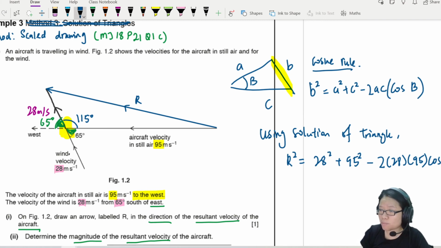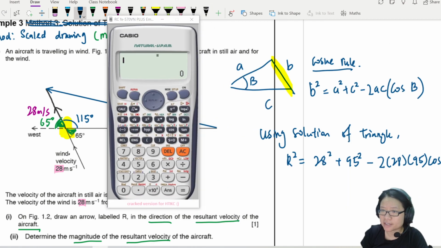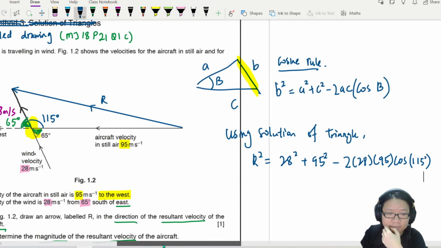Okay, so you can press it on the Casio calculator. Let me move this a bit.